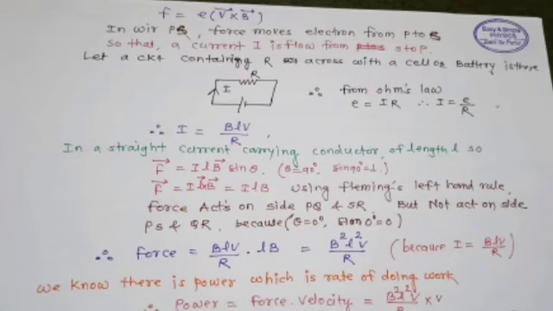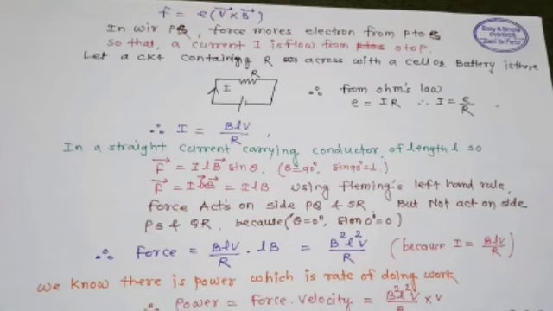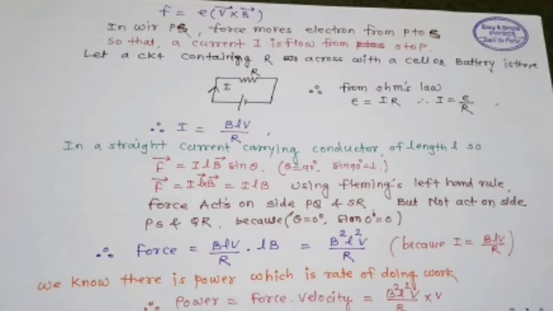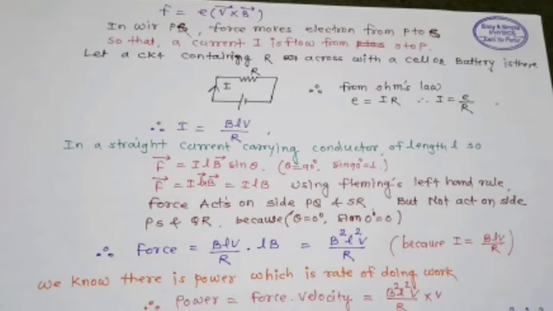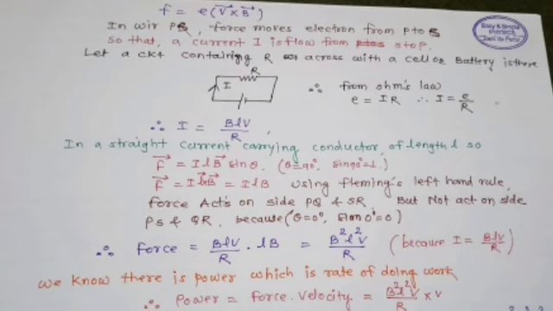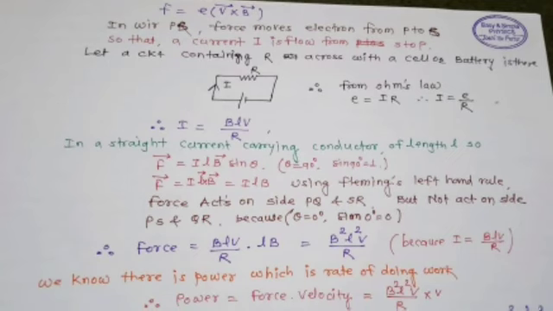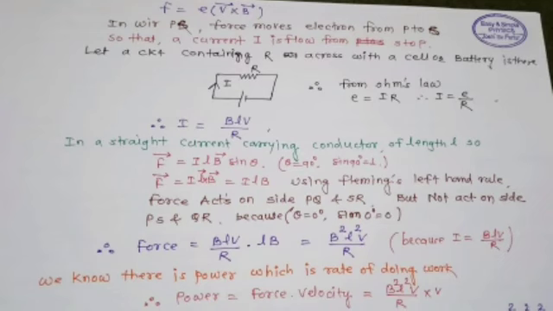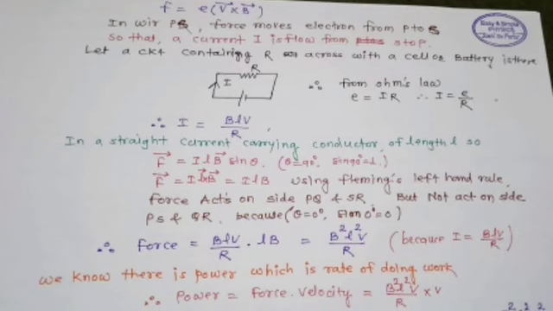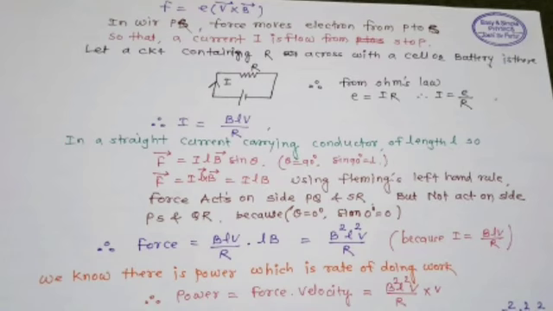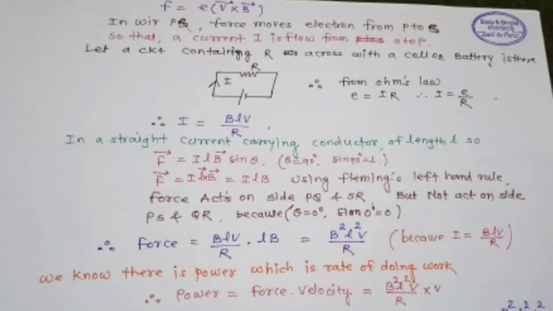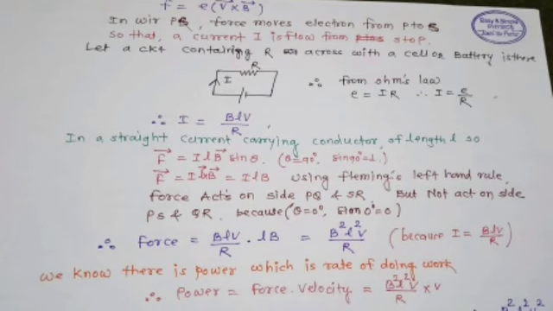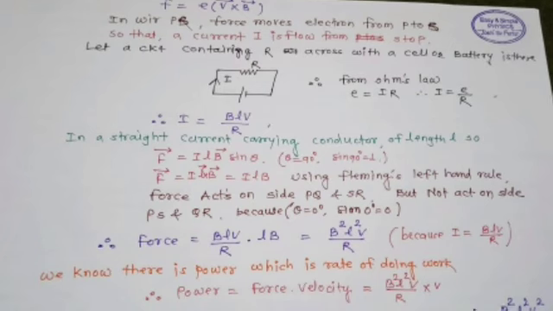So F equals E in bracket vector B cross vector V. In wire PS, force moves from P to S, so that current I flows from S to P. Let a circuit contain a resistance capital R across which a cell or battery is connected.